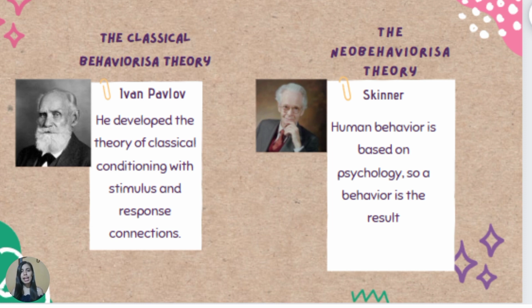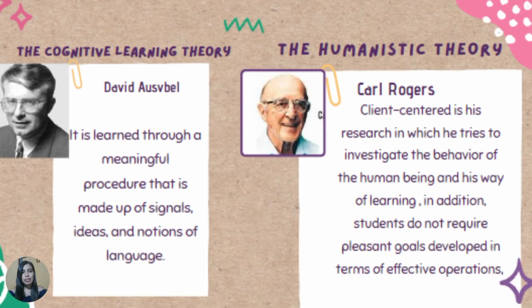The neobehaviorist theory by Skinner. Human behavior is based on psychology, so behavior is the result. The behavior occurs through the environment and with the reinforcement of the people who need a stimulus. The cognitive learning theory.